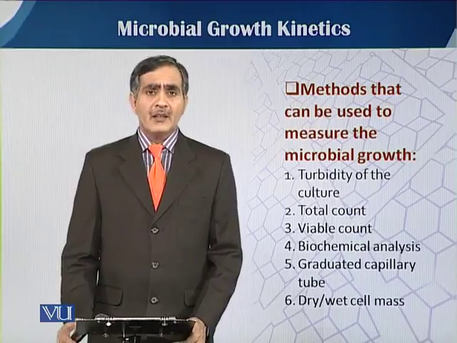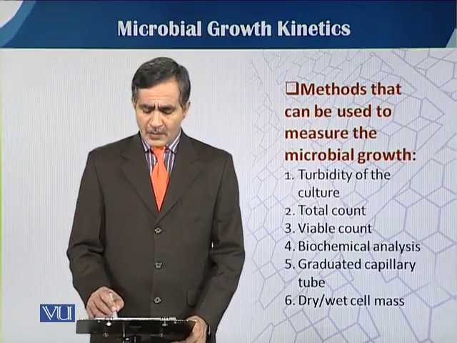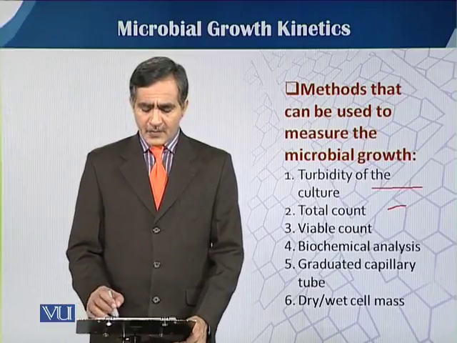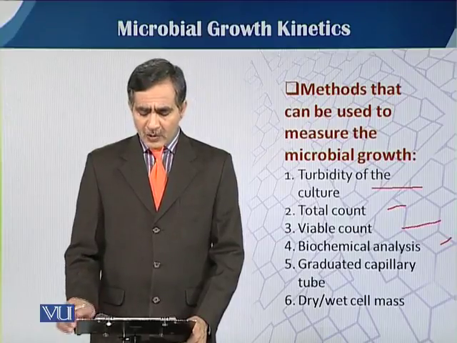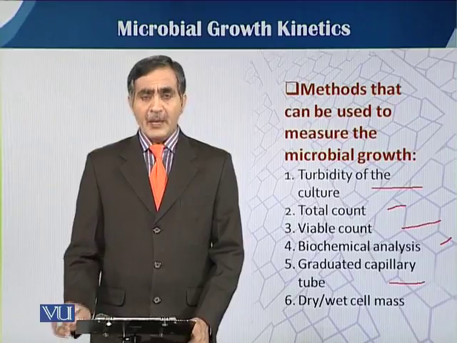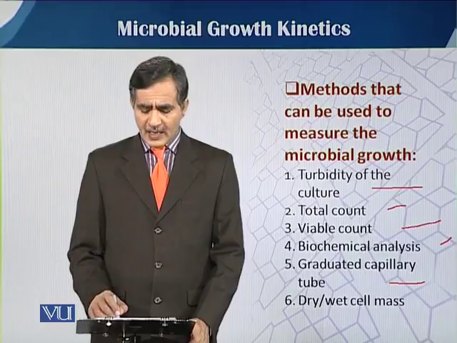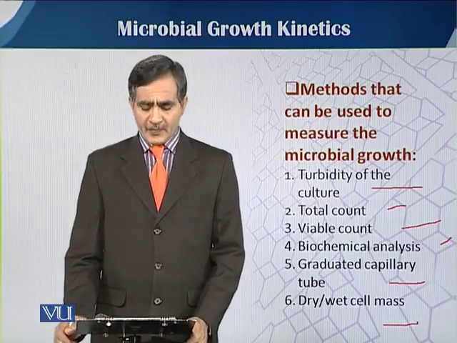The first method is the turbidity method, and the second is total count. Third is the viable count. Fourth is biochemical analysis. Fifth is the physical method, which is called the graduated capillary tube. And the last is dry or wet cell mass estimation.